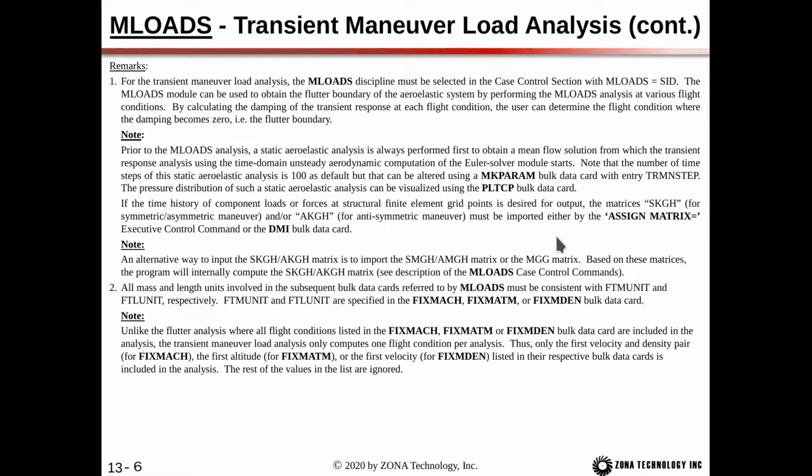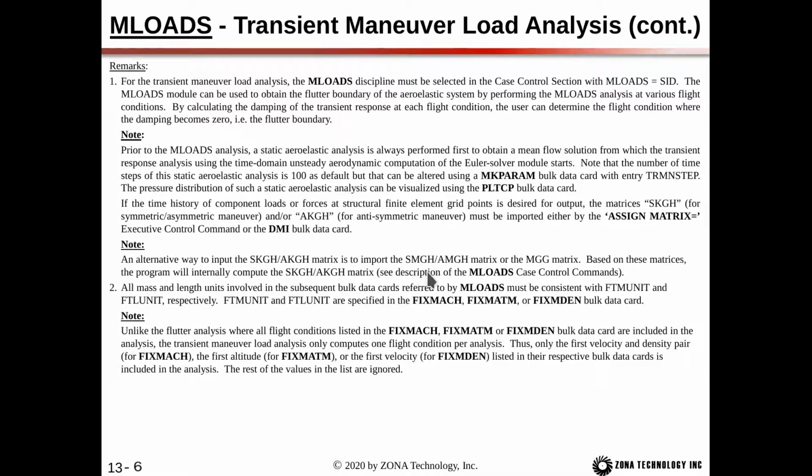And then next, if we want to output loads or forces, we need the matrix KGH. So the ways that you can do that is you can directly import SKGH or AKGH into ZEUS, or ZEUS will calculate KGH from MGH. So if you import SMGH or AMGH, ZEUS will compute SKGH or AKGH for you.